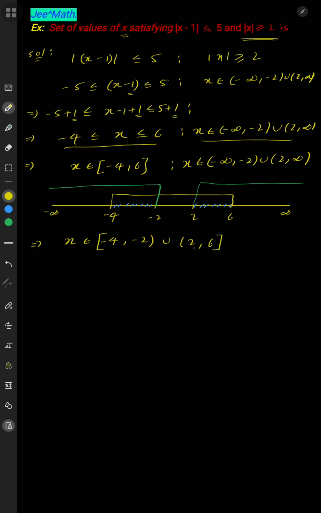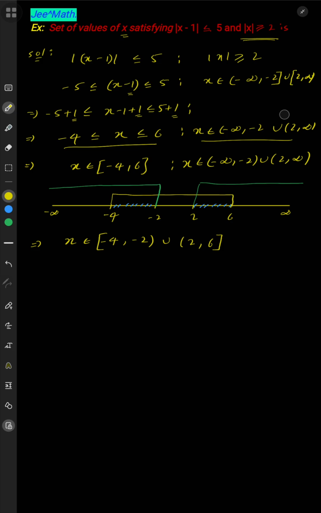So finally, these are the values of x that satisfy the above two inequalities: [−4, −2] union [2, 6]. Since the equal to symbol is there, you can take closed brackets.